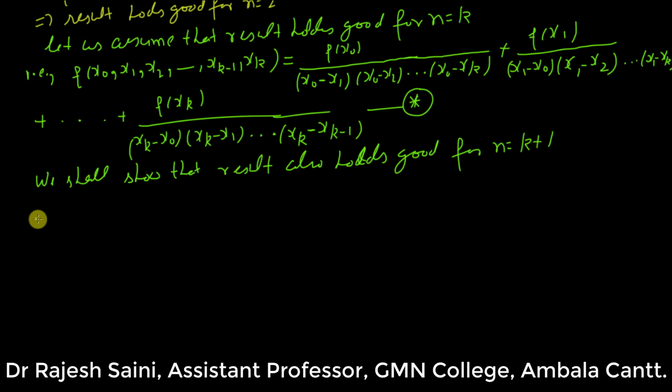We know that the k plus 1th order will be f of x0, x1, x2 and so on up to xk plus 1. Now starting from x0 to xk plus 1, these are k plus 2 quantities. So it is a divided difference of 1 less, meaning k plus 1.